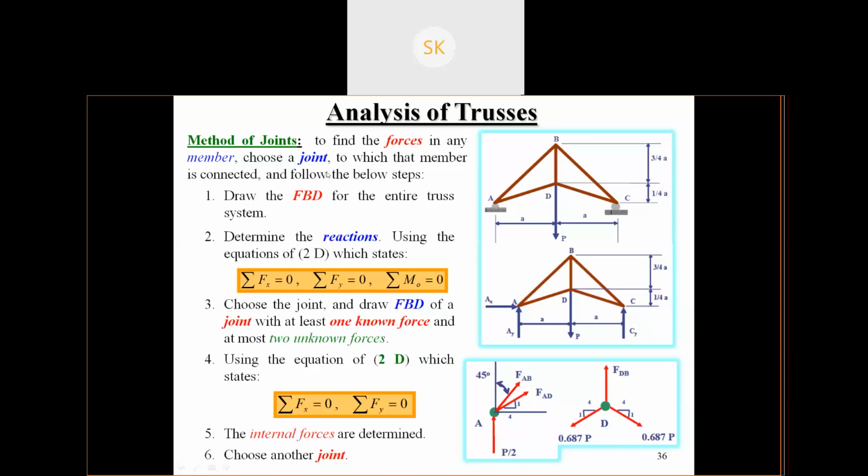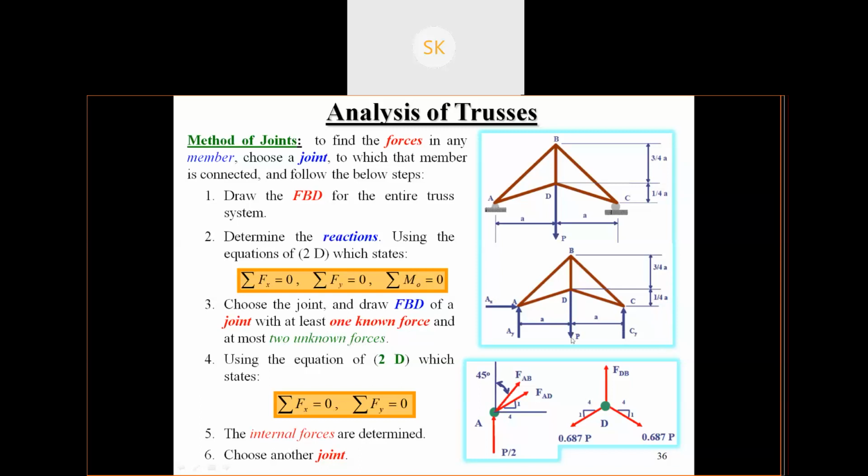What you have to do is draw a free body diagram of the entire structure and determine the reactions at those points. Then choose a joint in a similar way, with at least one known force and at most two unknown forces. Ma'am, in joint B, what are the known forces?